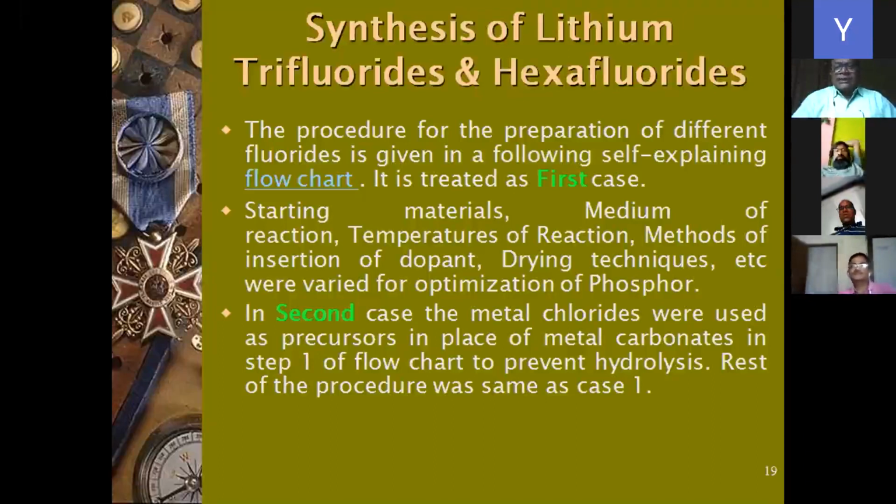In the second case, metal chlorides were used as precursors in place of metal carbonates in step 1 of the flowchart to prevent hydrolysis. The rest of the procedure was the same as case 1.